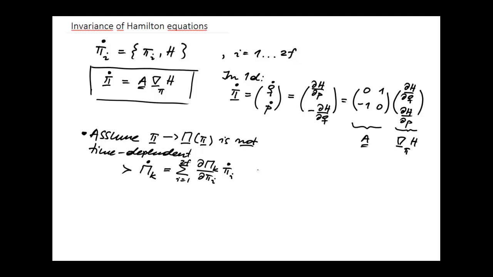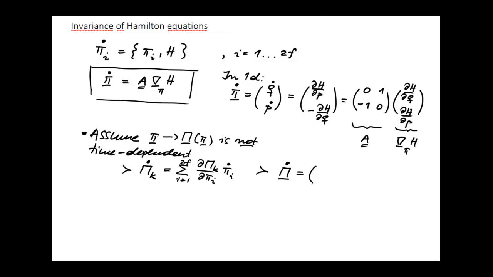Again, you can write this in a compact vector notation. You can say that the phase space vector capital Pi, and its change in time, its time derivative, equals, and what you have in here, the partial derivative of the new coordinates with respect to the old coordinates, that's just the inverse Jacobian. We had defined the Jacobian as the derivatives of the old coordinates with respect to the new coordinates.